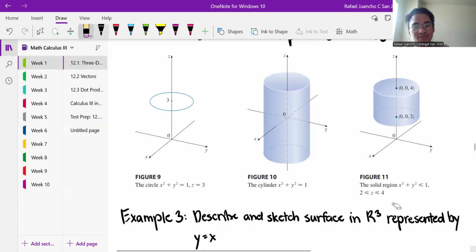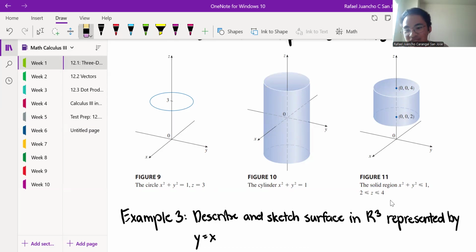And then the points are just on the cylinder. There could be another circle here, and the points are just there. It doesn't go inside. Radius is still 1.